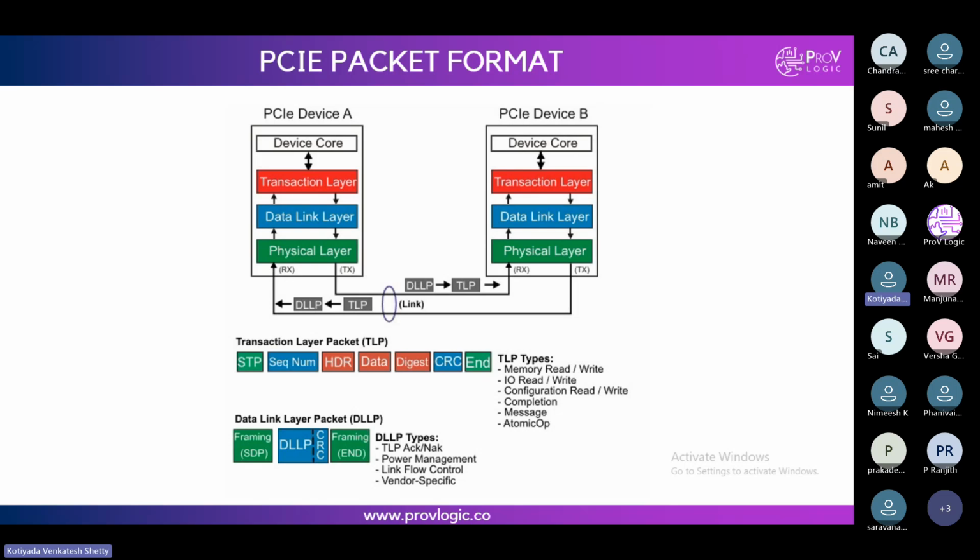Did you get the point? Any other people have any doubts? These data transfers will happen in parallel from device A to B and B to A. Data transfer is serial, and it is dual simplex, meaning simultaneous.